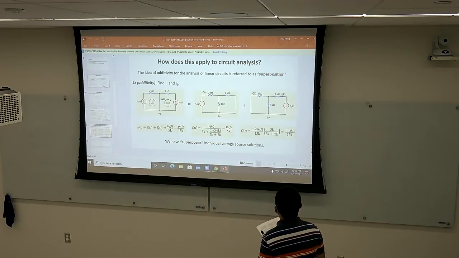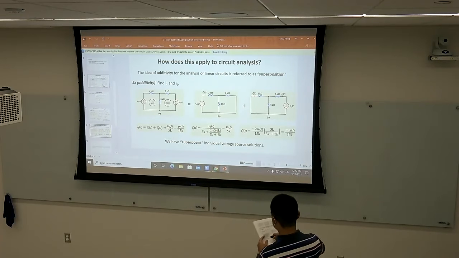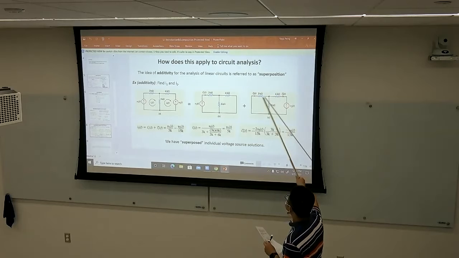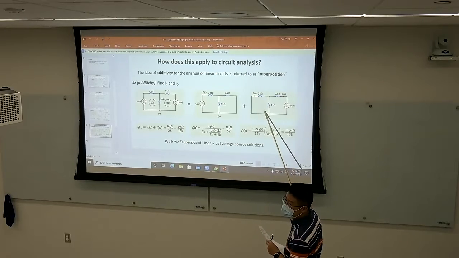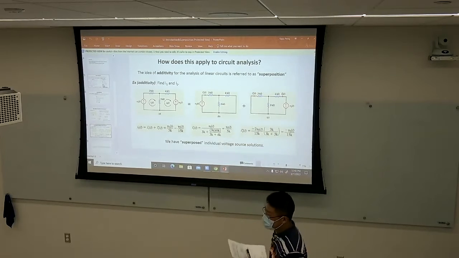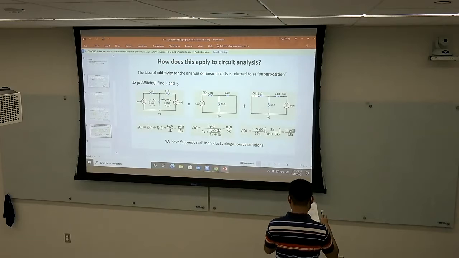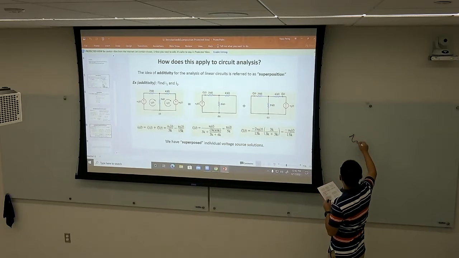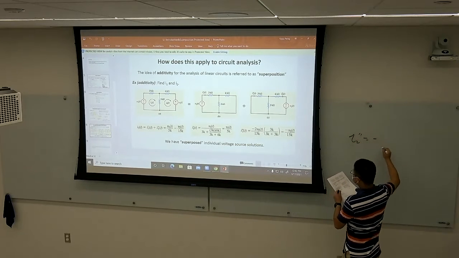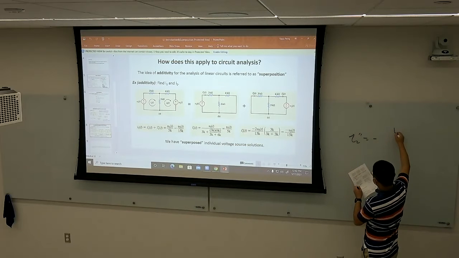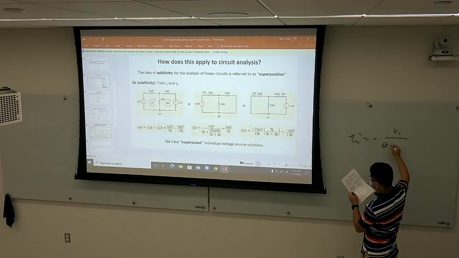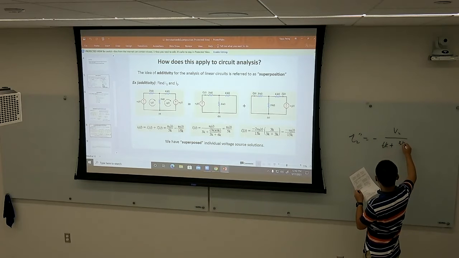In order to calculate I1 double prime, we need to calculate I2 double prime, and then use the current division to calculate I1 double prime. So the I2 double prime, this is 6K plus 3K.